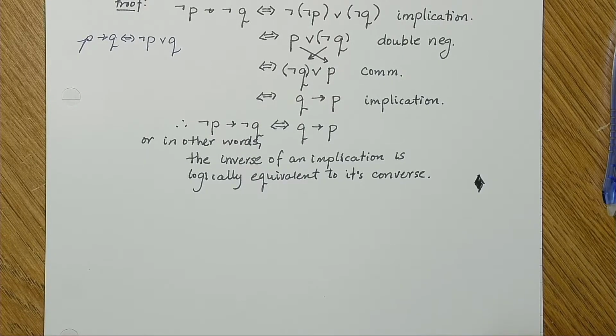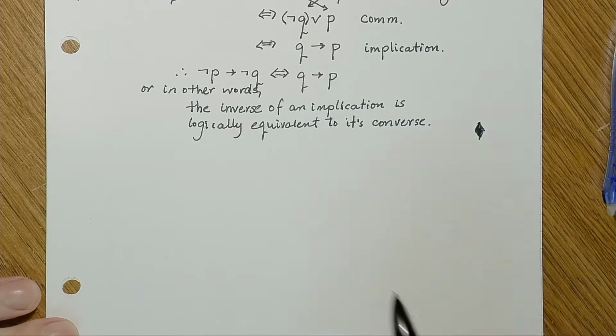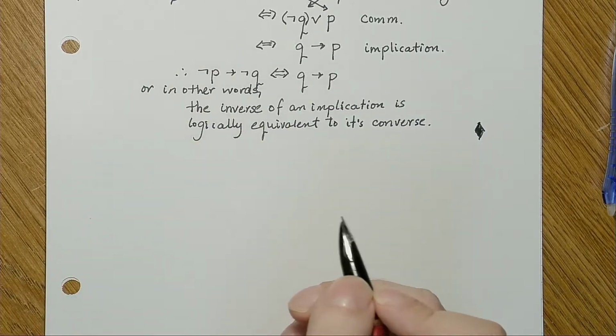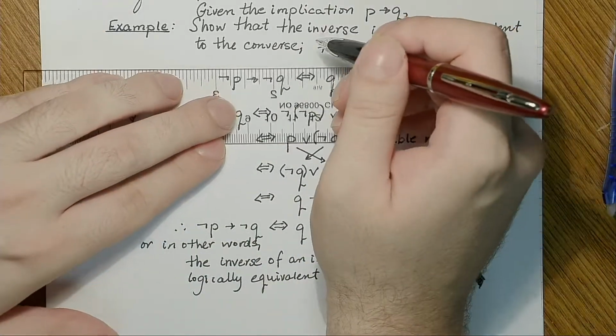Does that answer the question? Is it required? No. Is it useful? Yes. How would a test question look like? Well, a test question could easily look like something like that.